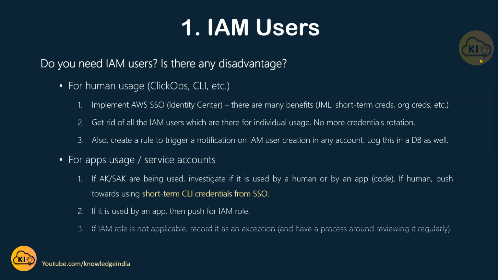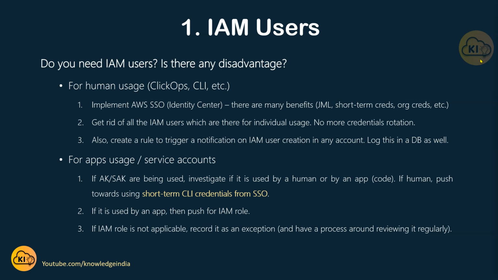There can be a last scenario that yes, the credentials are being used by an application, but the application is not hosted on AWS, or it is hosted somewhere else, and hence it is not possible to make use of an IAM role, and hence an IAM user is really required. You should treat only that condition as an exception, and you should develop a process in your organization to review such exceptions regularly. Okay, so that's how you will handle the first problem, which is for IAM users.